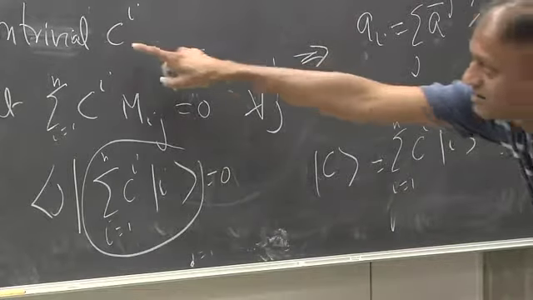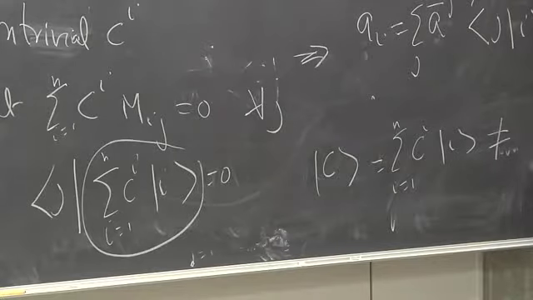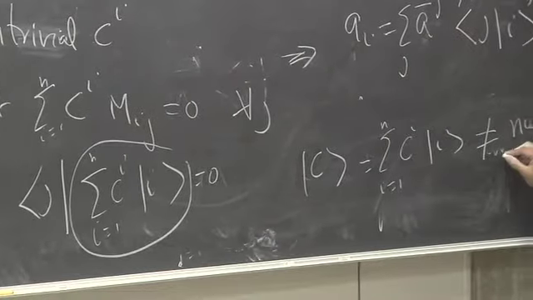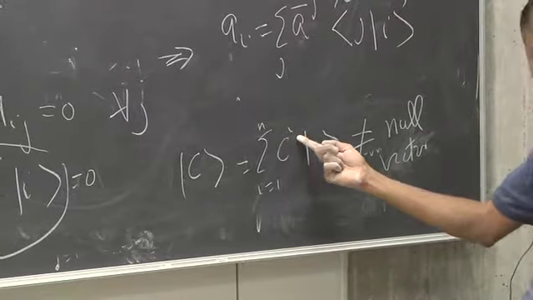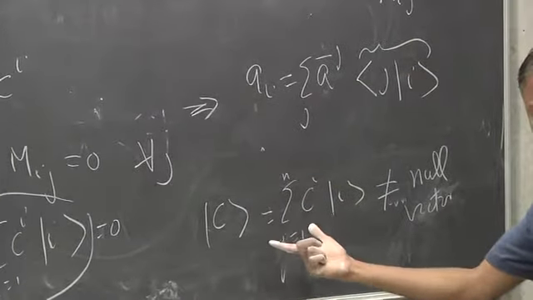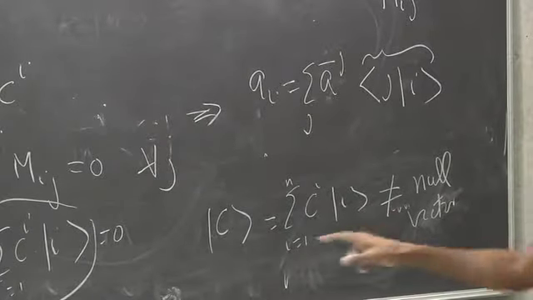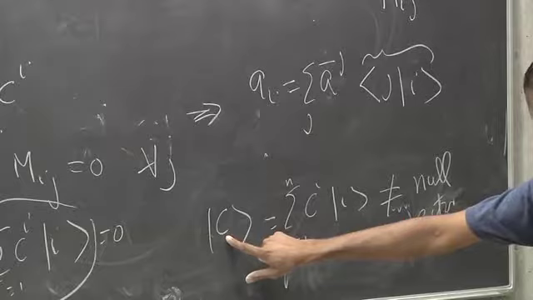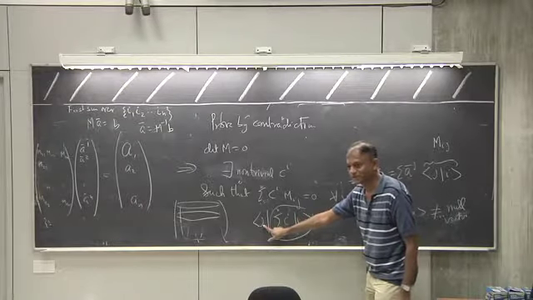And the fact that these are non-trivial Ci's implies that this is not a null vector, correct? Because not all the Ci's are 0. So therefore, this is certainly not a 0 vector. So we are saying that there is some non-null vector whose scalar product with each j is 0.